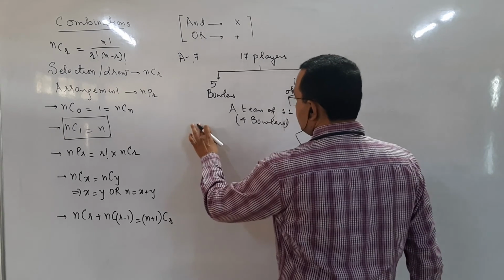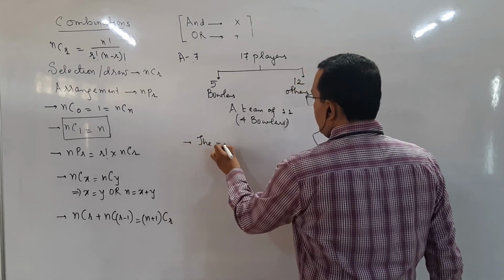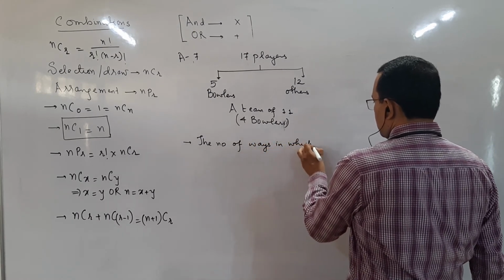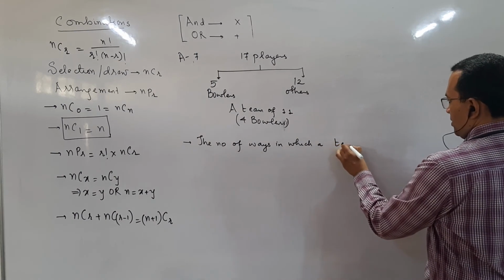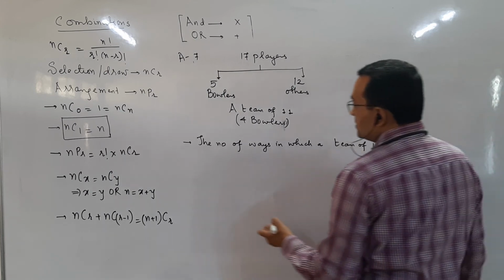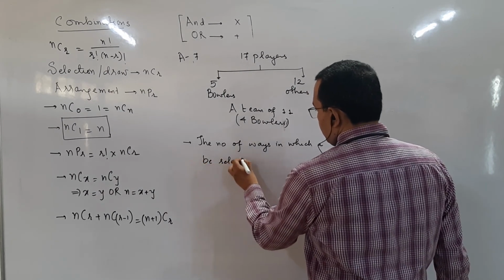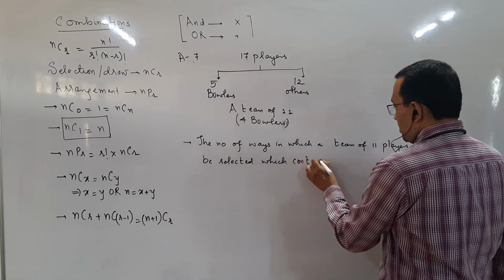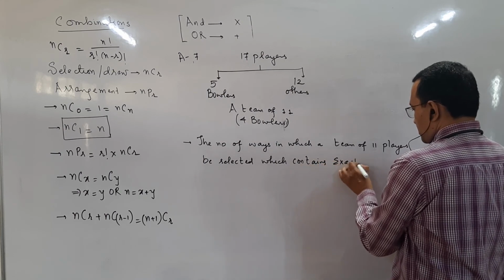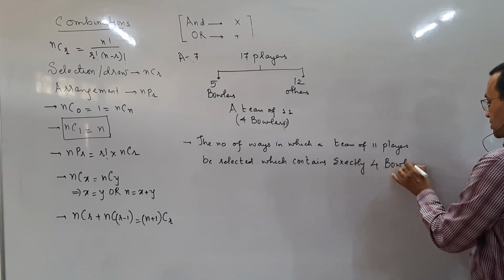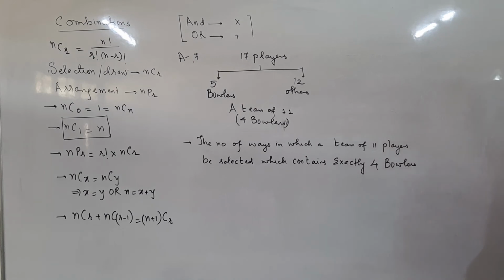So we write the number of ways in which a team of 11 players can be selected which contains exactly 4 bowlers, meaning neither less than 4 nor more than 4.